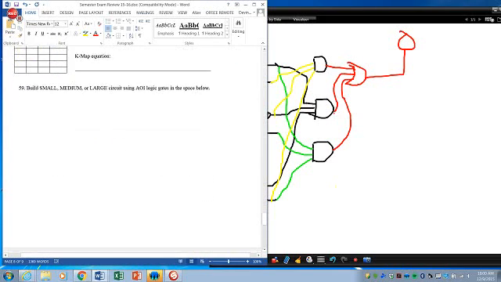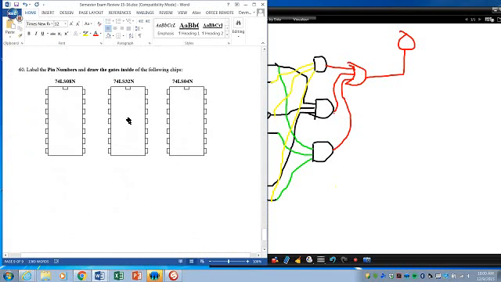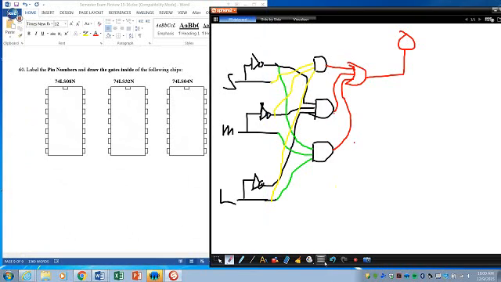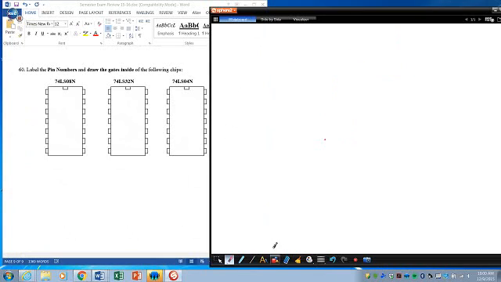Alright, number 60. This is just asking you to label the pin numbers. So if you remember looking at the data sheets of these gates, these chips, it has a dimple right here, right? So make sure you remember this is where pin 7 is.